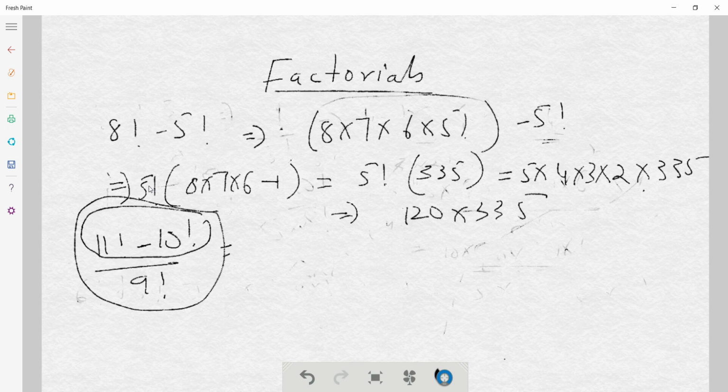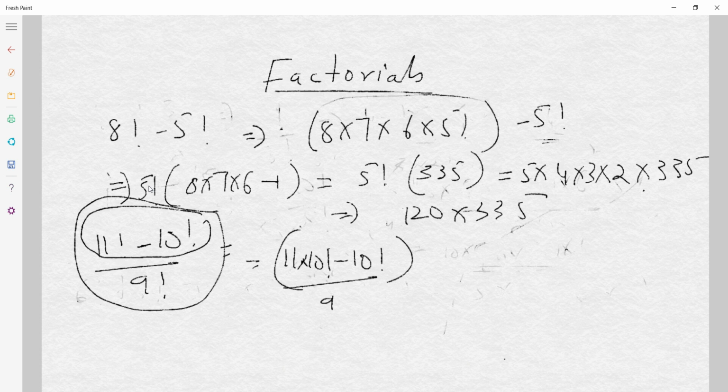So this could be written something like 11 times 10 factorial minus 10 factorial, over 9 factorial. This could be 10 factorial times (11 minus 1) divided by 9 factorial, right?